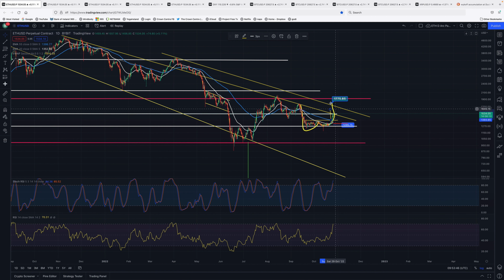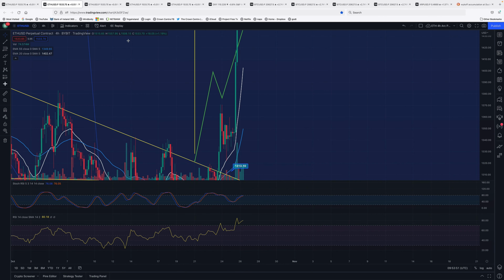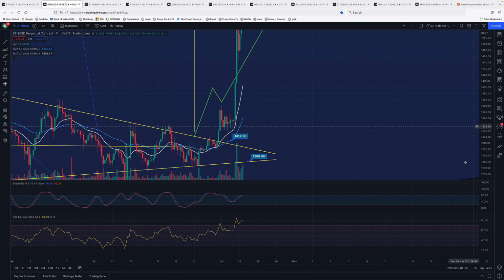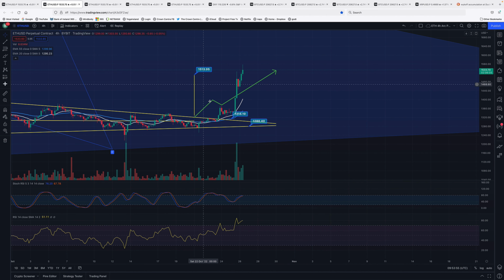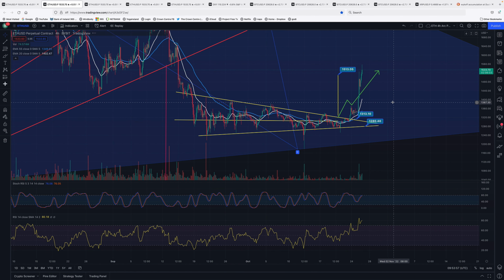So I have a lot of confluence in terms of trend lines here.